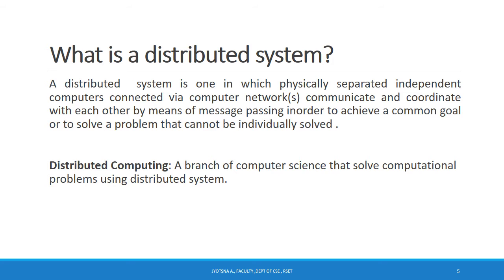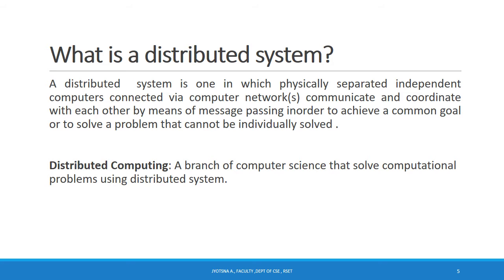And the computers can easily solve a problem by communication and coordination by means of message passing, right? And a banking environment needs such kind of infrastructure to satisfy their customers, right? And this kind of infrastructure is known as distributed system.